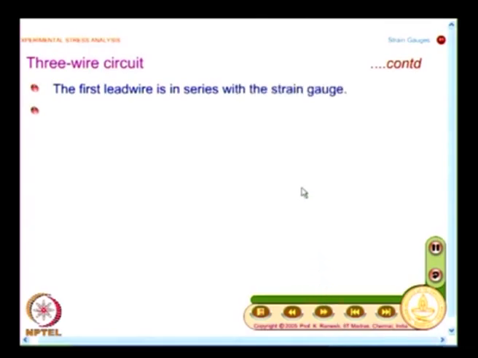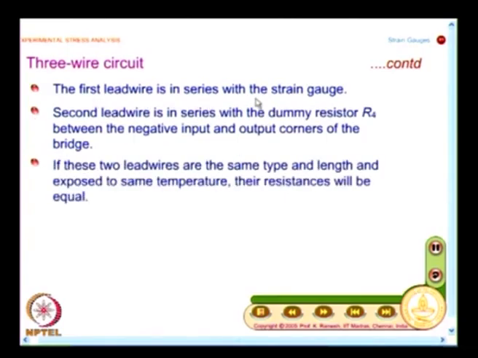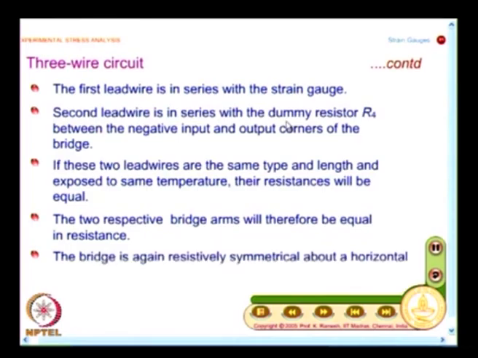And whatever I have said earlier is now summarized as points. The first lead wire is in series with the strain gauge. The second lead wire is in series with the dummy resistor R4 between the negative input and output corners of the bridge.